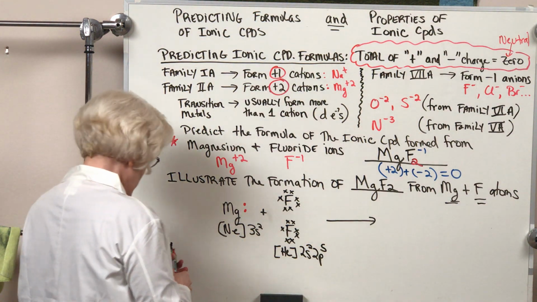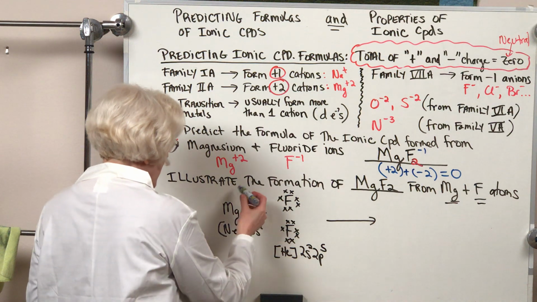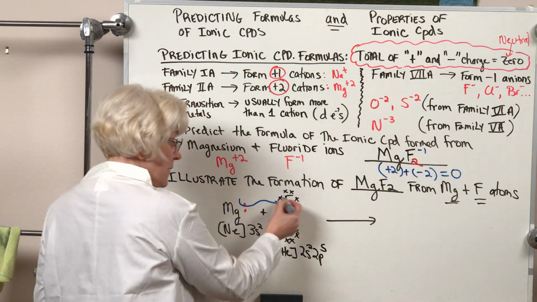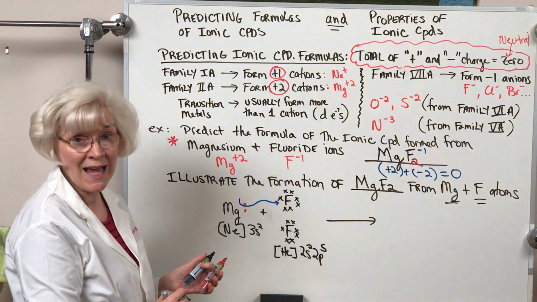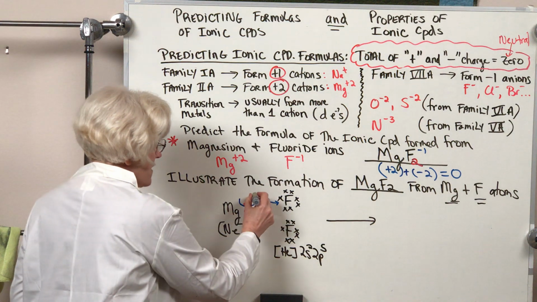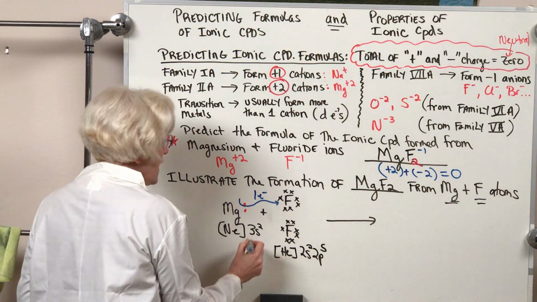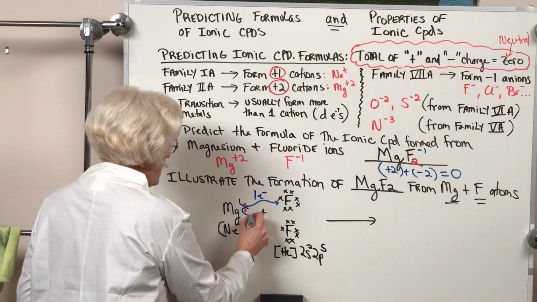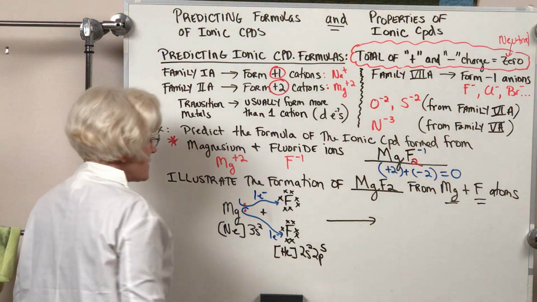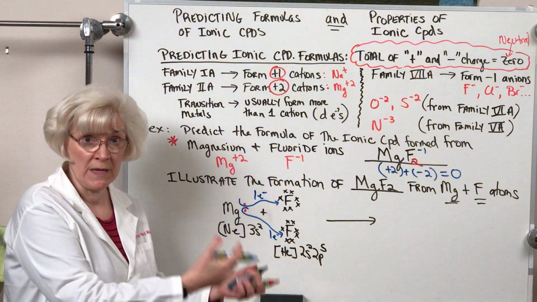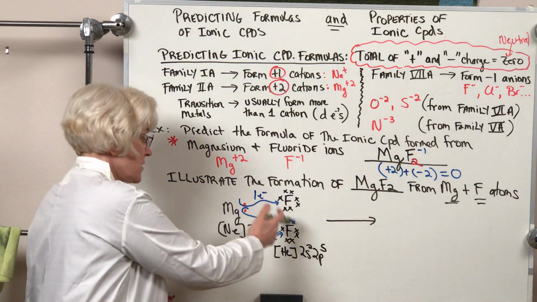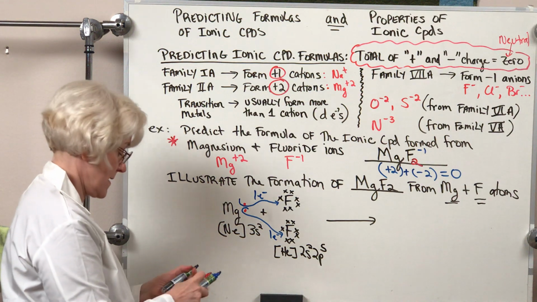And what's going to happen? We're going to see electron transfer taking place. But fluorine does not want to gain 2 electrons. It only wants to gain 1. So each fluorine gains 1 of the electrons that the magnesium is going to lose as it forms a +2 cation. Each fluorine gains 1.